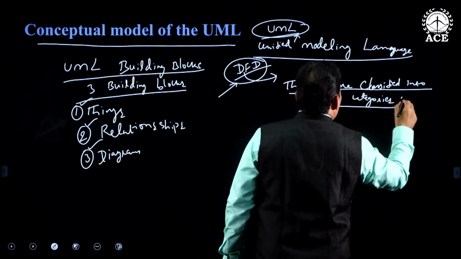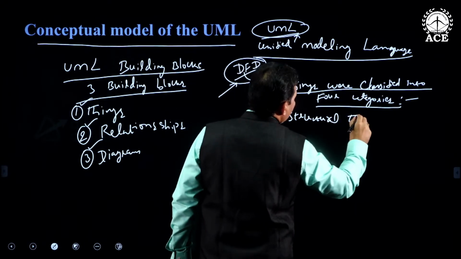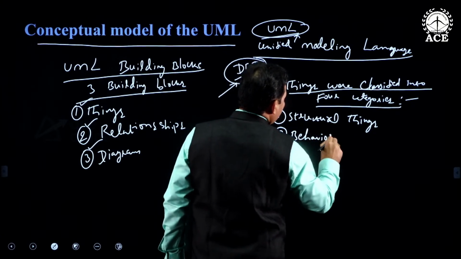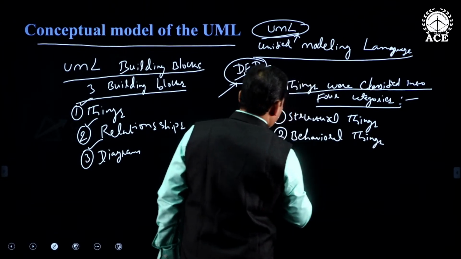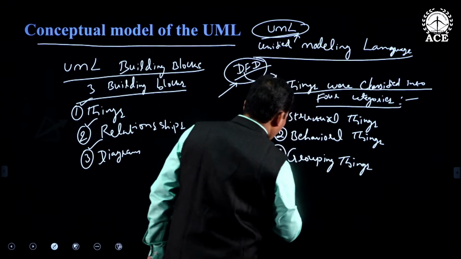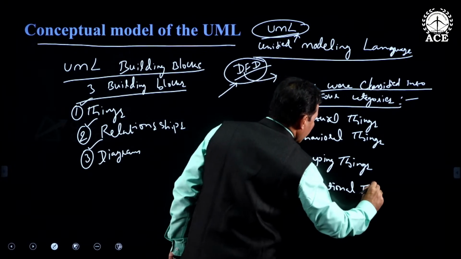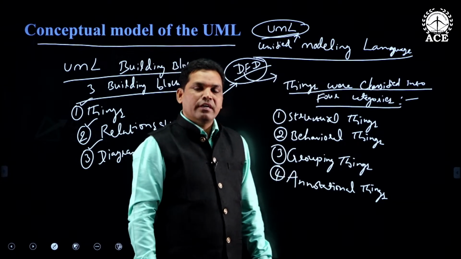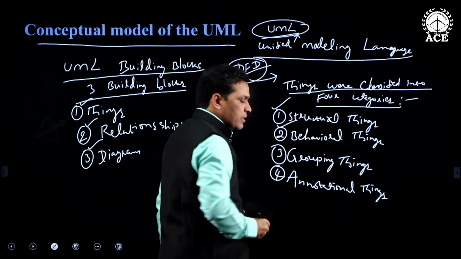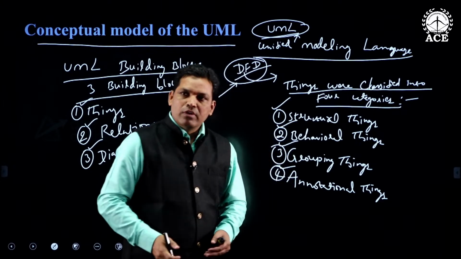First one is structural things, second one is behavioral things, third one is grouping things, and fourth one is annotational things. So UML things are classified into four categories. About these things in UML, we'll discuss in detail.